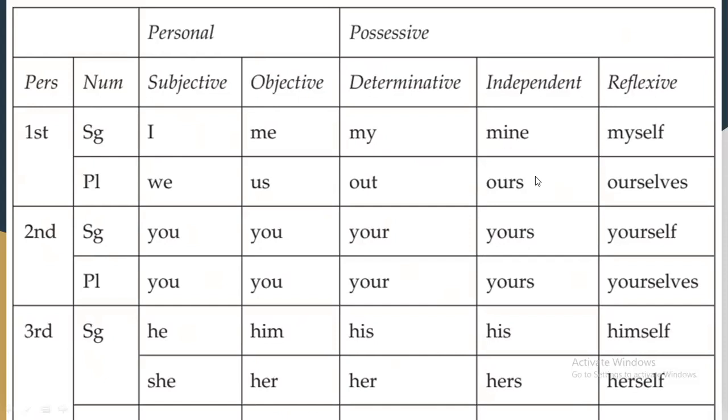Simply changes, the meaning is almost the same in all cases, but according to their position they are slightly changed. Inflection means a slight change only. So I, me, my, mine, myself. And similarly you can see the others also, right?